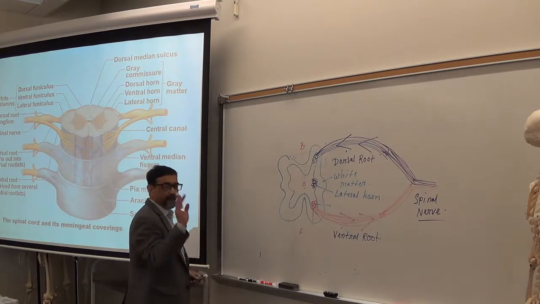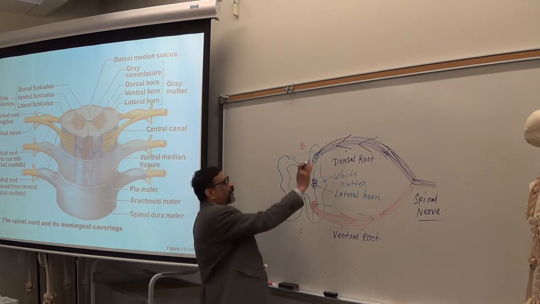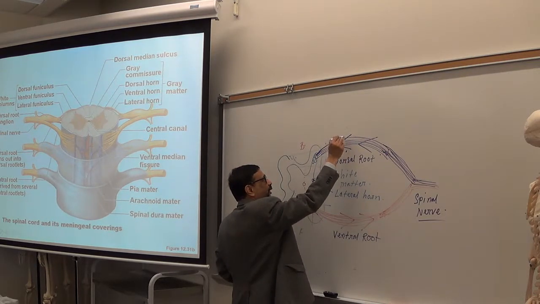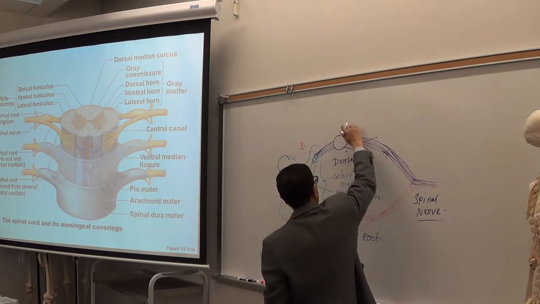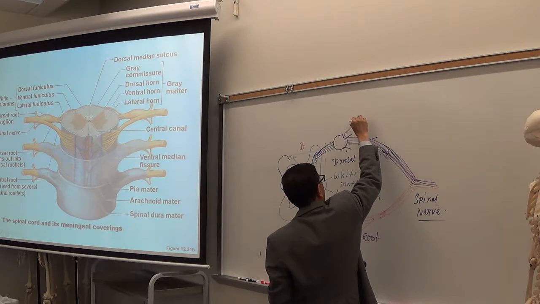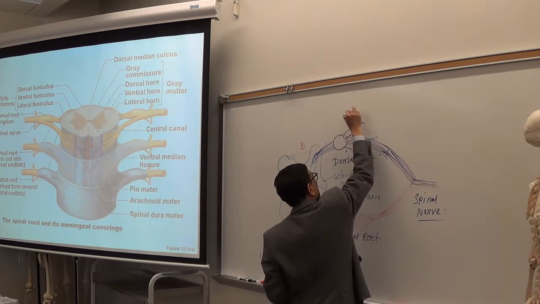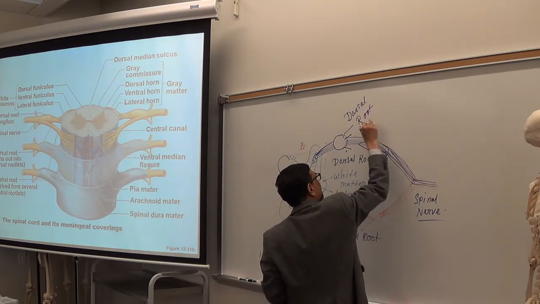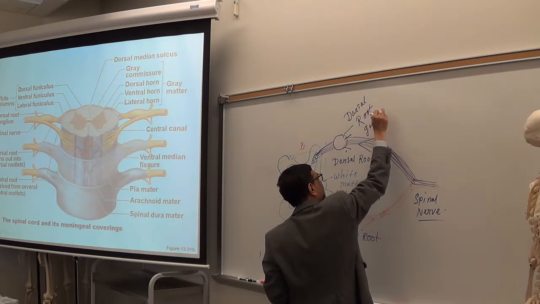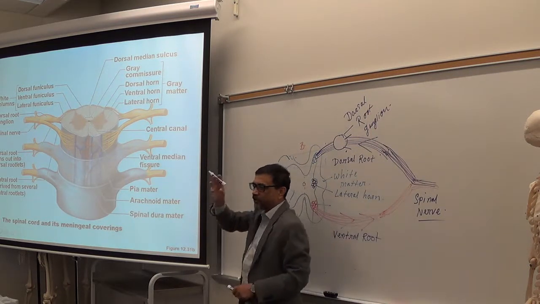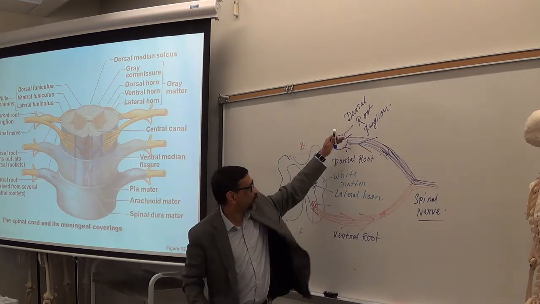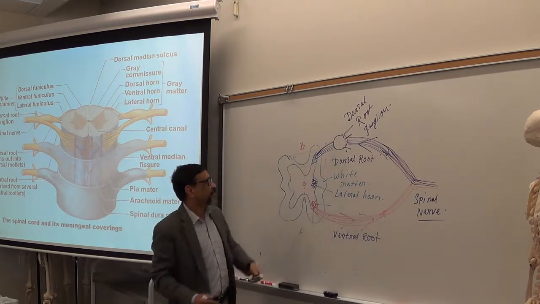Now, one thing here, in the dorsal root you have a round structure that is called a ganglion, the dorsal root ganglion. A ganglion is a round or almost round structure in the peripheral nervous system. This is outside of the spinal cord, so it is part of the peripheral nervous system, not central.